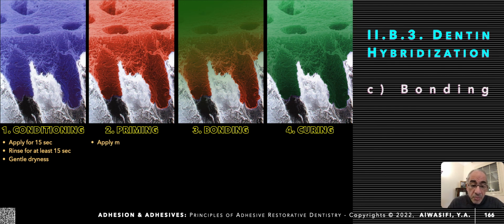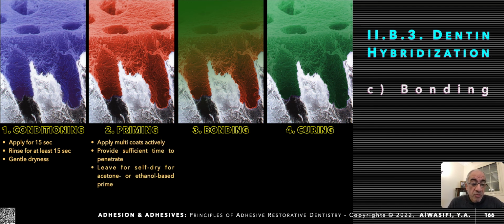Then applying primers. Apply in multi-coat active application. Provide sufficient time. Leave it for self-dryness if it is acetone or ethanol-based primers, and help it to be rapidly evaporated by just 1 blast of air for 2 to 3 seconds if it is water-based primer.